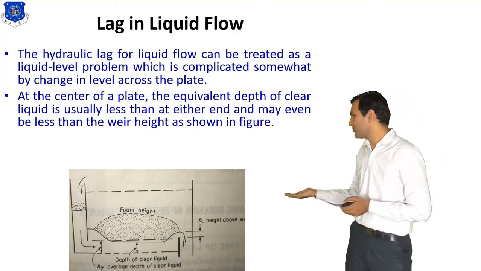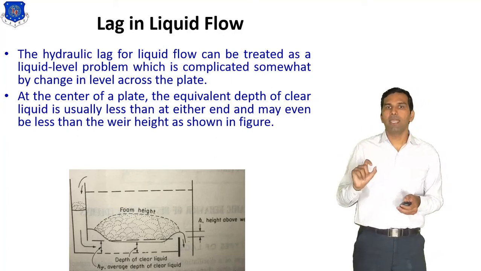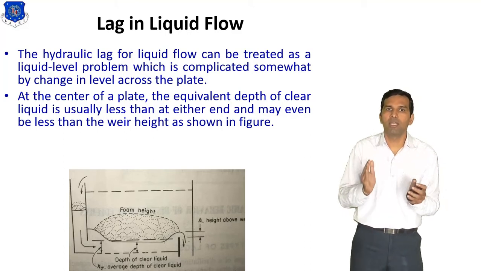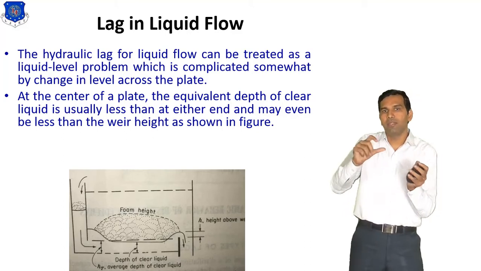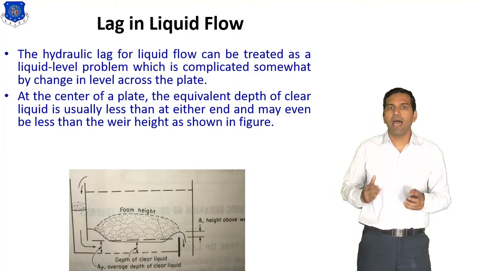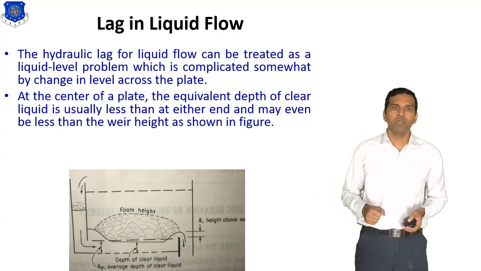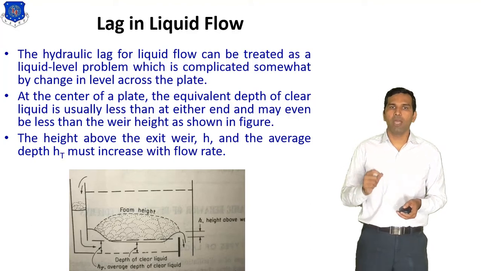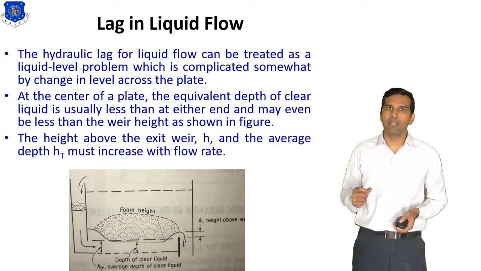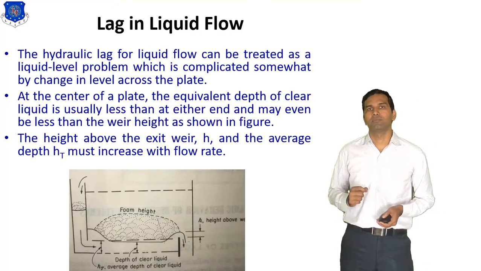So from this figure we can see that at the center of the plate the equivalent depth of the clear liquid is usually less than at either end and may even be less than the weir height. The height above the exit weir edge and the average depth HT must increase with flow rate.